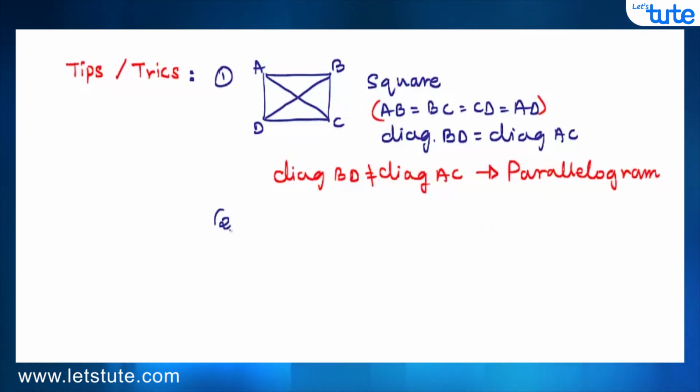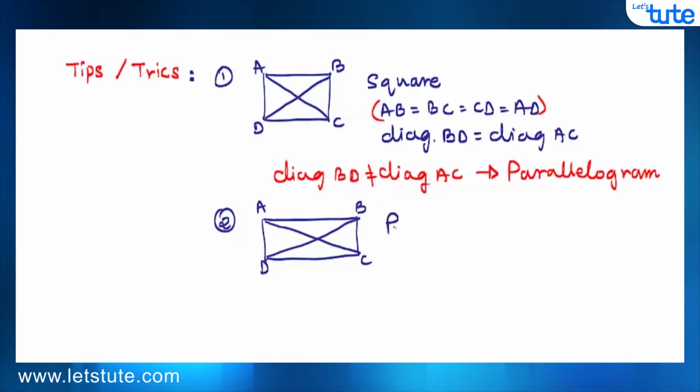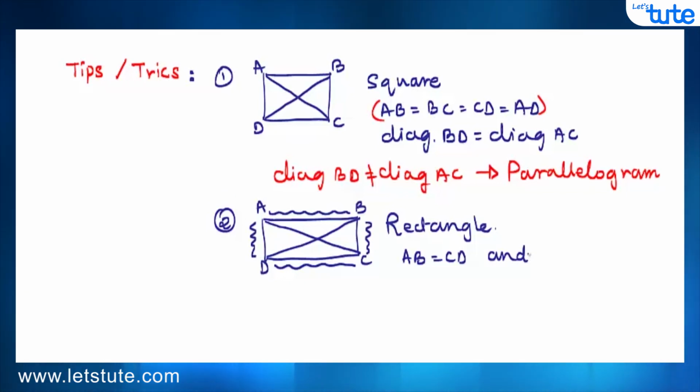Okay. Tip number 2. Suppose the quadrilateral is a rectangle, and the name of the quadrilateral is ABCD and we have diagonals AC and BD. Then the opposite sides will be equal. What do I mean by opposite sides? AB and CD are equal, and AD and BC will be equal.